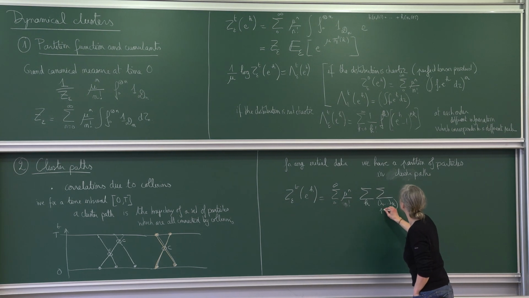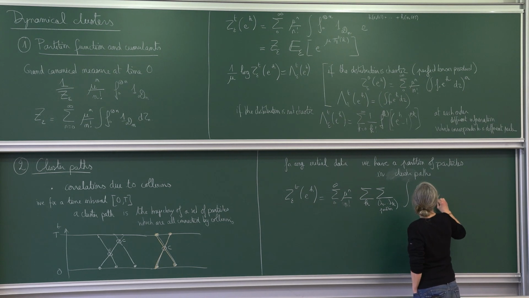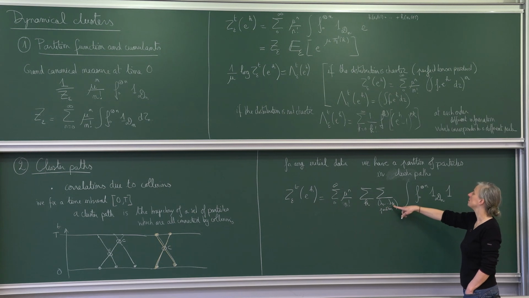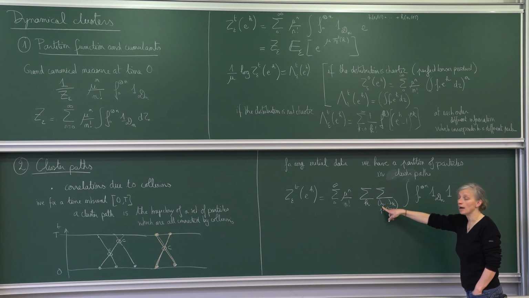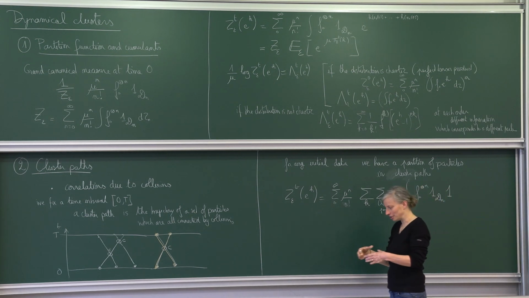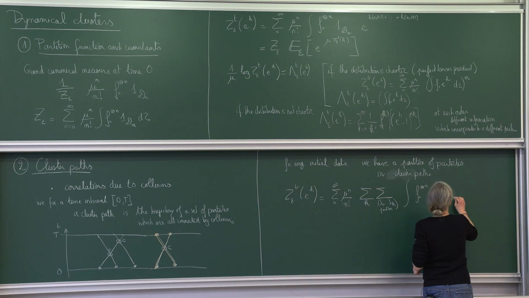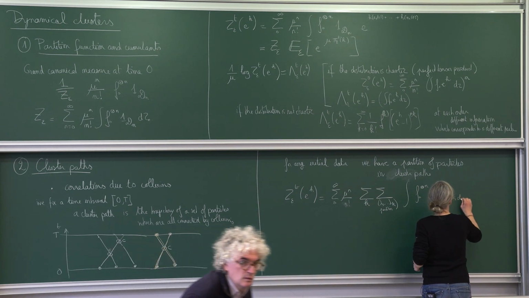So this is a partition like this of particles in cluster path. Then I have the integral of f0 n, and the indicator function that lambda i should be connected, so it should be a cluster path.